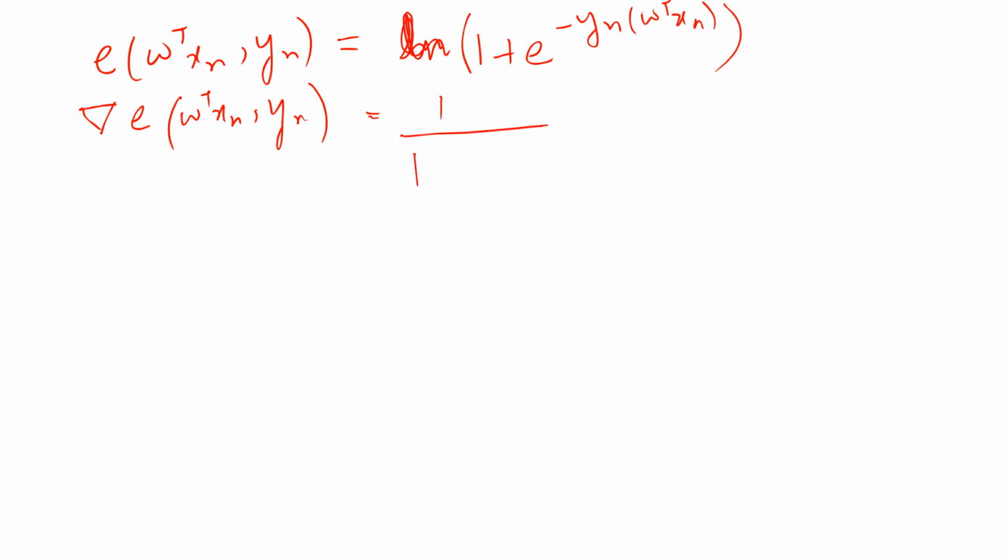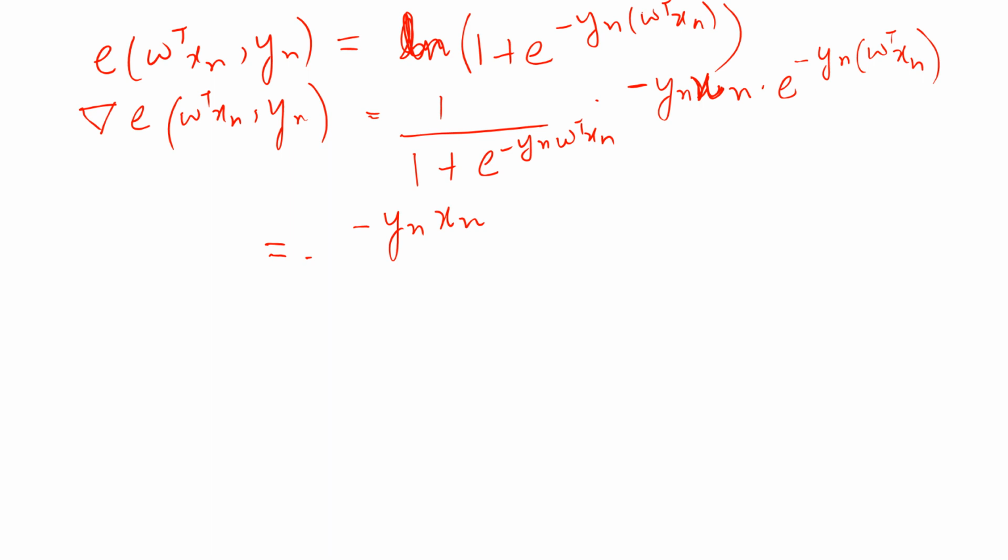It's going to be 1 over 1 plus e to the minus y_n w^T x_n. This stays, and then this gets differentiated, so minus y_n x_n, and then e to the minus y_n w^T x_n. Let me just rearrange a few things. Minus y_n x_n, and remember this and this together, just to remove the negative, and what you'll get is 1 over 1 plus e to the y_n w^T x_n.